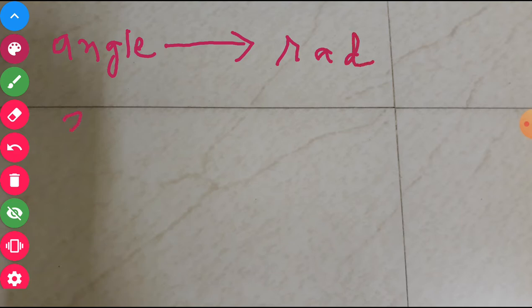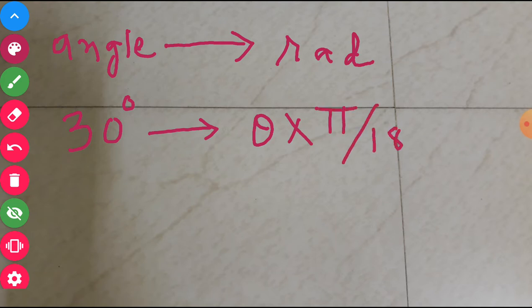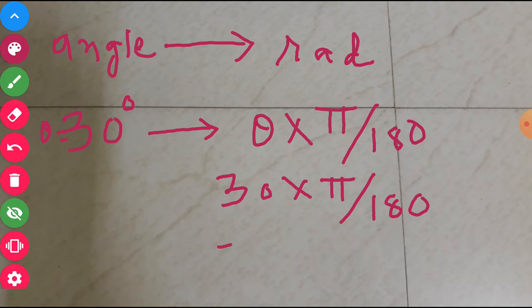If the angle is given, say 30 degree, then you can convert this angle theta into radian by multiplying pi upon 180. So you can write 30 multiplied by pi upon 180. So this angle can be pi by 6 radian.